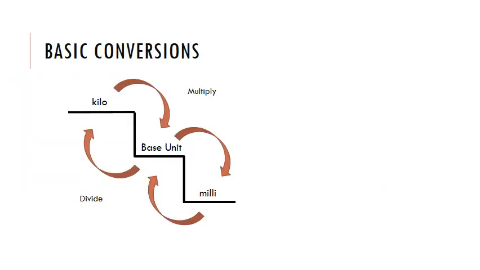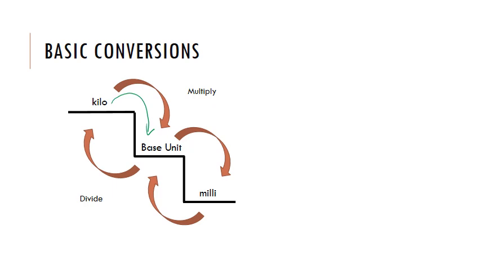To the right on your paper, you have this picture, which you can add the arrows to. It's just going to help you see if we're going to be multiplying or dividing by that 1,000 to figure out our new unit. If we go from our kilo down to our base unit, or our base unit down to milli, anytime we do that, we're going to end up multiplying by 1,000.